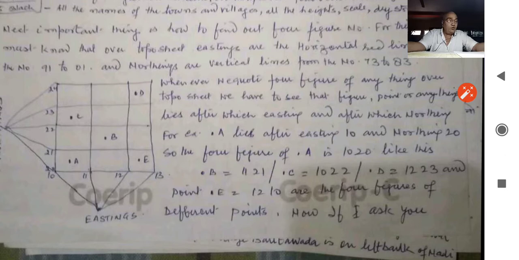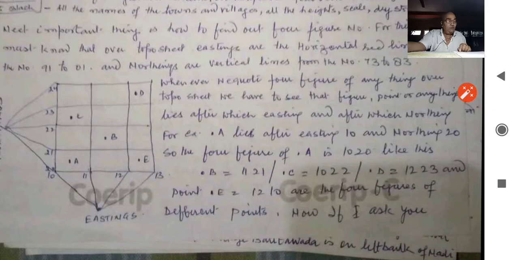Whenever we quote 4-figure of anything over topo sheet, we have to see that the figure, point or anything of which the 4-figure is asked lies after which easting and after which northing. For your example, I have shown you on the sheet that the vertical lines are called eastings and horizontal lines are called northings.